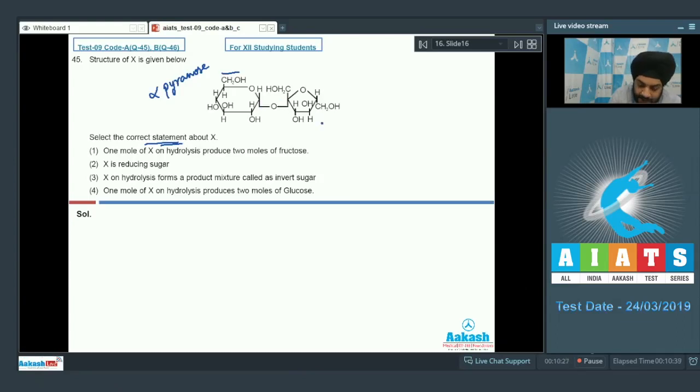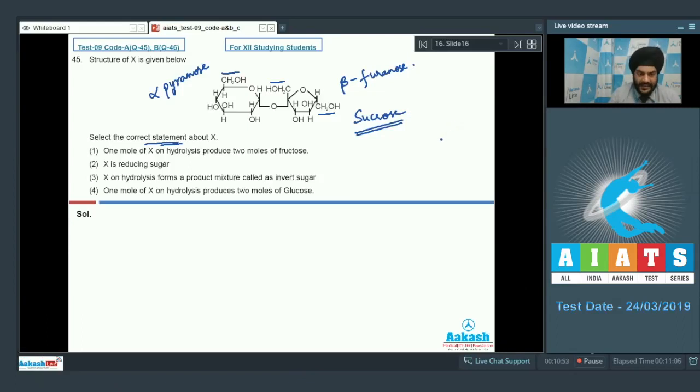And if you look at the furanose structure, we have the CH2OH and the CH2OH which are anti-parallel. So we have a beta fructose or a beta furanose, and we can see that alpha pyranose and beta furanose combine to give us sucrose. So the structure which is given to us is that of sucrose.